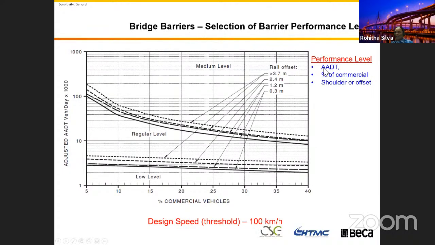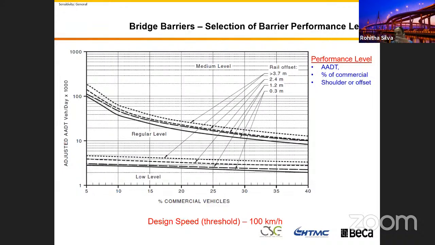And then the average annual daily traffic on this graph goes 1,000, 10,000, 100,000, and 1 million. And then you can see if your commercial vehicle rate is higher, that means the number of heavy vehicles on the bridge is quite a lot.